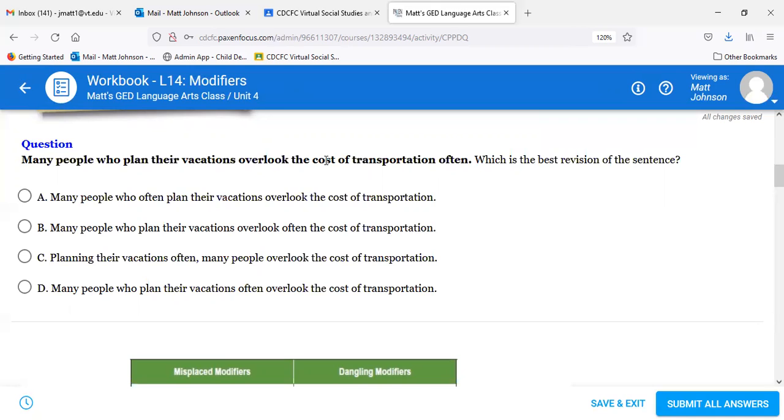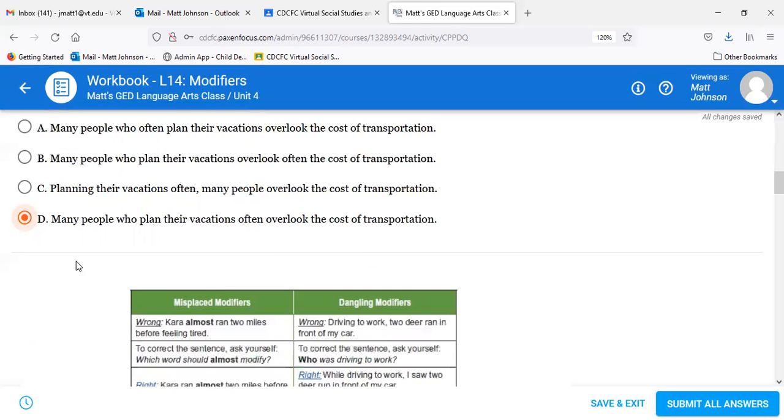So the answer is going to be D. And you see that we've moved often, corrected where that should be because of what it's modifying. Many people who plan their vacations often overlook the cost of transportation. What they're overlooking, right, is the cost of transportation. They're doing that often.